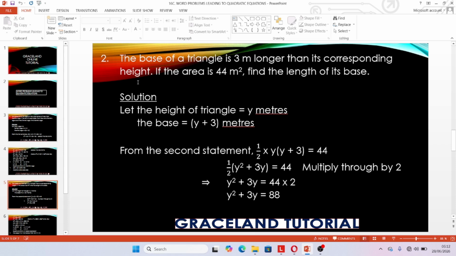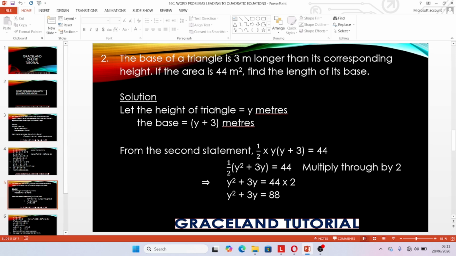Number 2. The base of a triangle is 3 meters longer than its corresponding height. If the area is 44 meters squared, find the length of its base. Now let's analyze the question again.